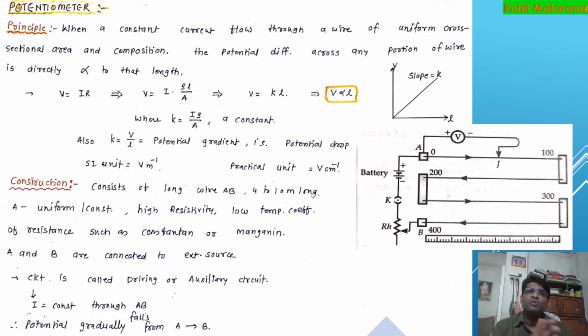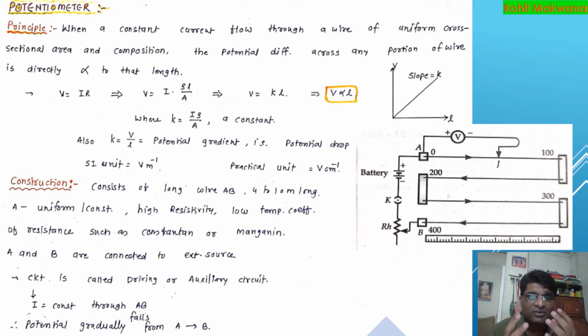So that's why this potentiometer has a slight upper hand over the voltmeter when it comes to resistance. Yes, it definitely has. And unlike a voltmeter, it doesn't draw any current from the cell. If you talk about a voltmeter, when you connect it to the cell, it uses its voltage or its EMF to show the deflection. So that's the bad part about the voltmeter.